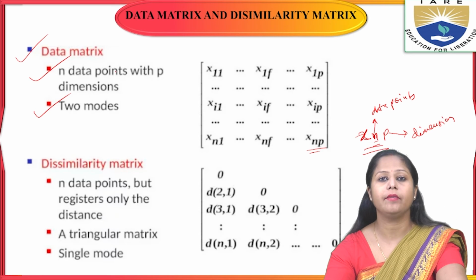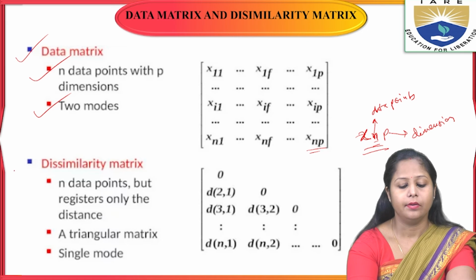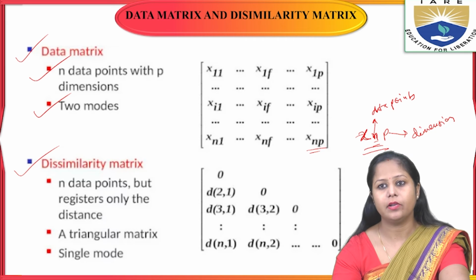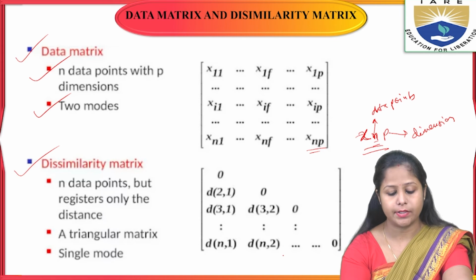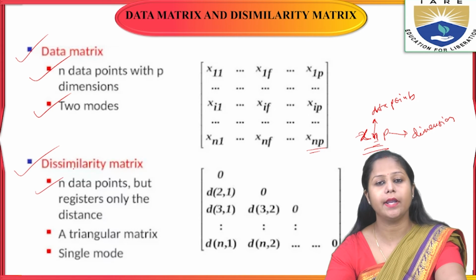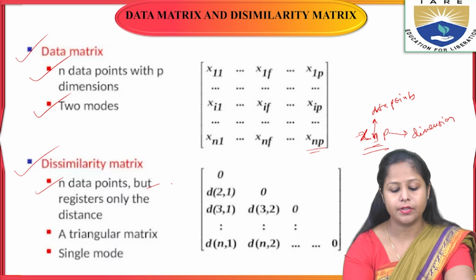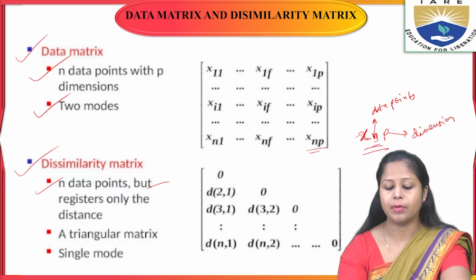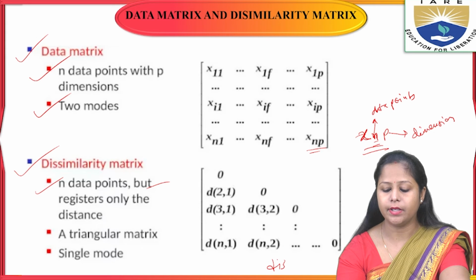This has two modes. We also have a dissimilarity matrix, which is also a representation of the data objects. Here we have n data points, but it registers only the distance. So in this dissimilarity matrix, we need to calculate the distance.